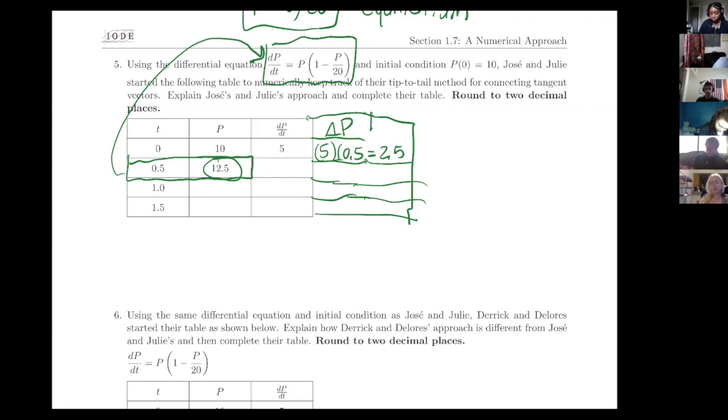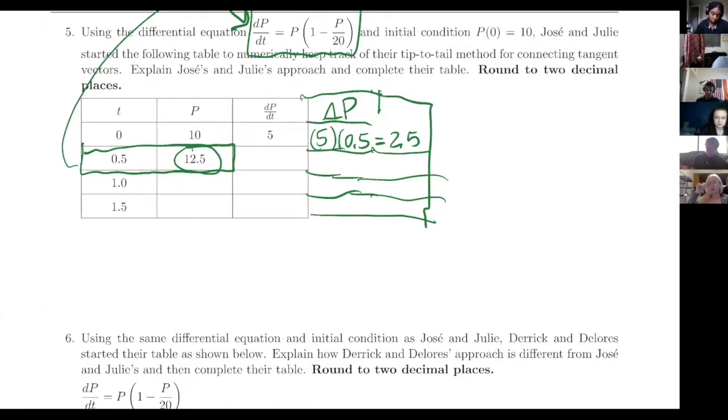Without belaboring this one, I'll fill in some of the answers here, and feel free to ask away. So this one should have given us a dP/dt estimate of around 4.688.